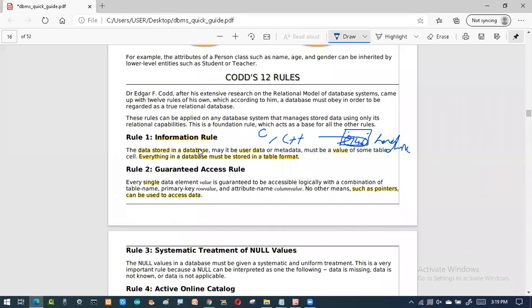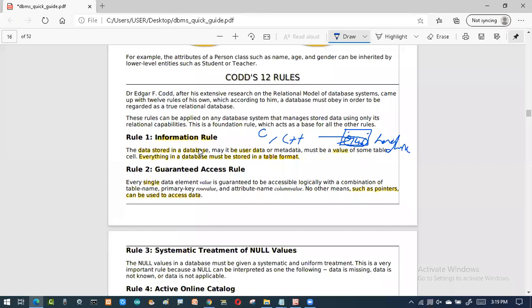I want to know where the 746 is being stored. With the help of the pointer concept, I can write a C or C++ program, go over there, and steal the data from this particular hard disk. So that concept has been removed from the DBMS software.